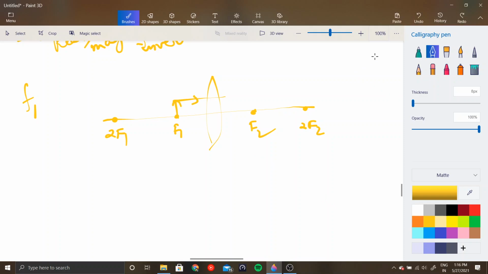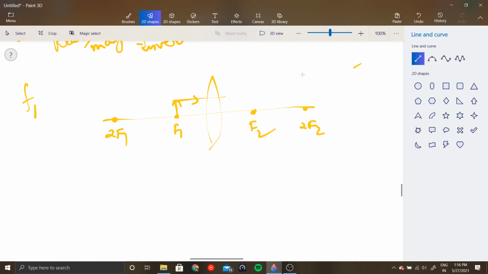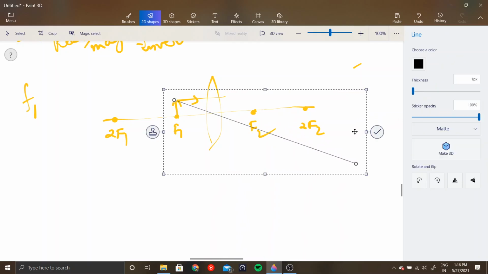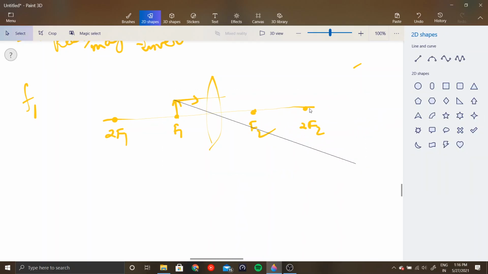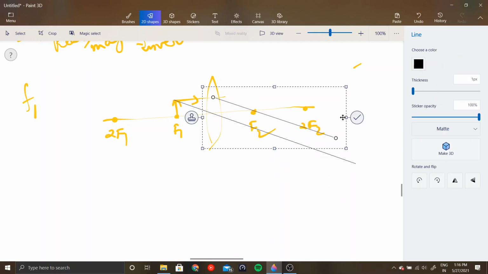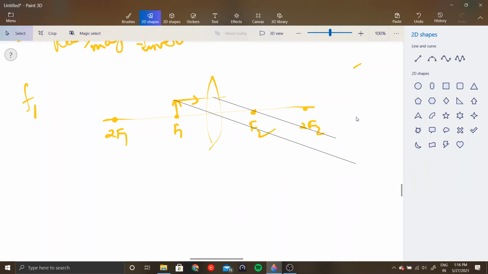That was a very bad ray. Let's use the lines. So this will go undeviated. And this ray, after passing through, will go through the focus, and this will go. So you see that the two rays are parallel to each other.